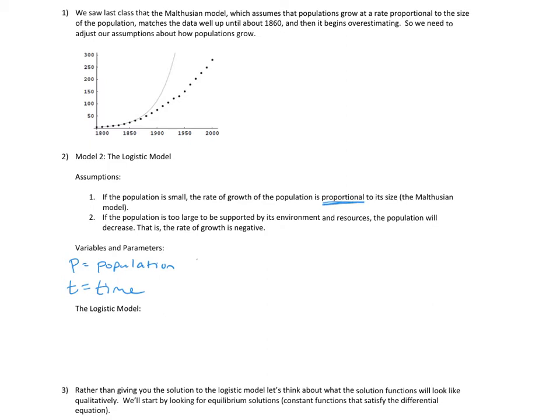We'll call that K. Okay, and then if the population is too large to be supported by its environment, there's some critical size of a population where it can be supported by its environment and resources. So I'm going to call that capital C for carrying capacity, the carrying capacity of the environment.